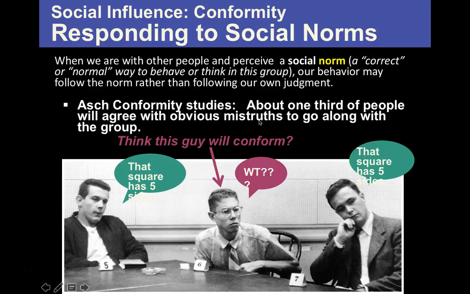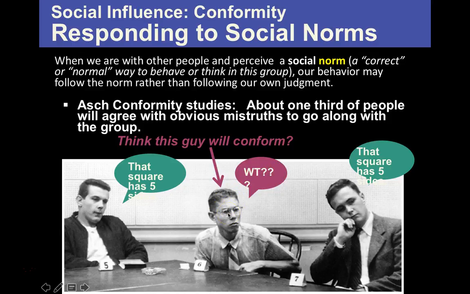Basically, I told you there were like 40 trials in these studies. 10 of the trials were so-called conformity trials, where the rest of the group, the Confederates, all gave the wrong answer. And so the question is, what's the real subject going to do?